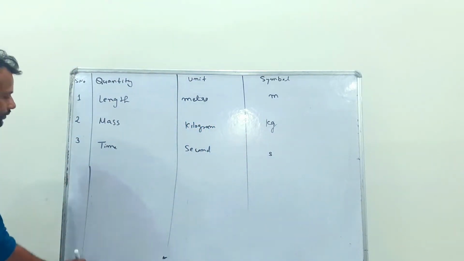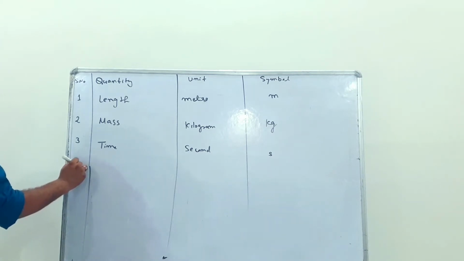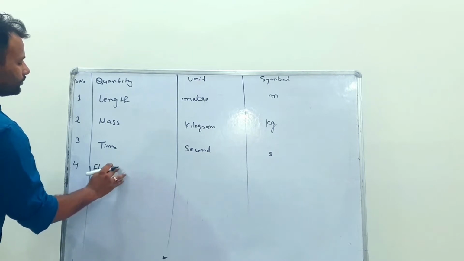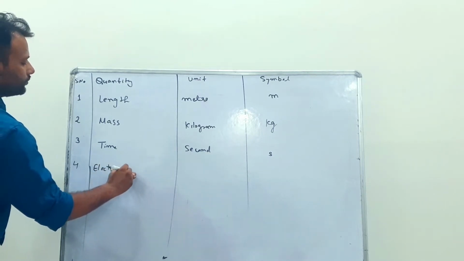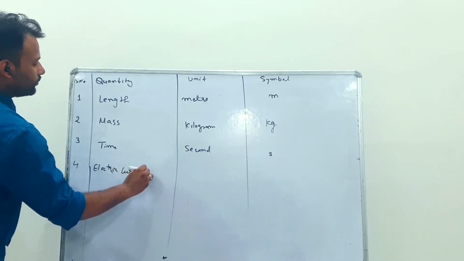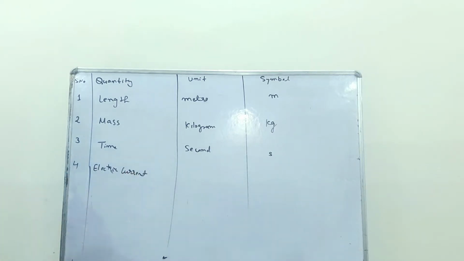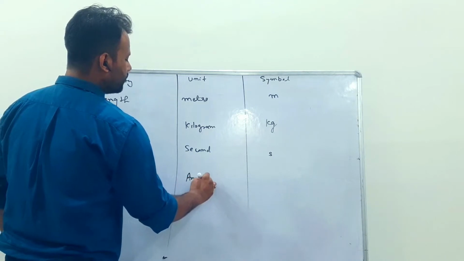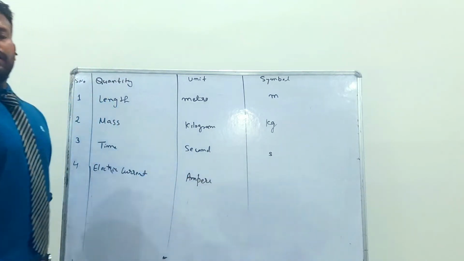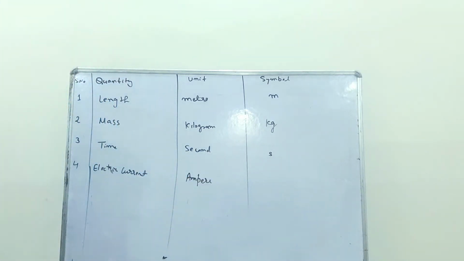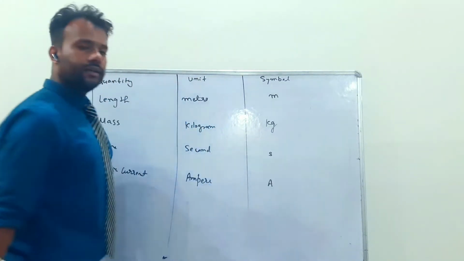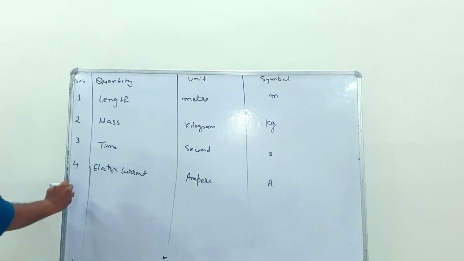Then the fourth is electric current. Right? Electric current is measured in terms of ampere. The symbol is A.